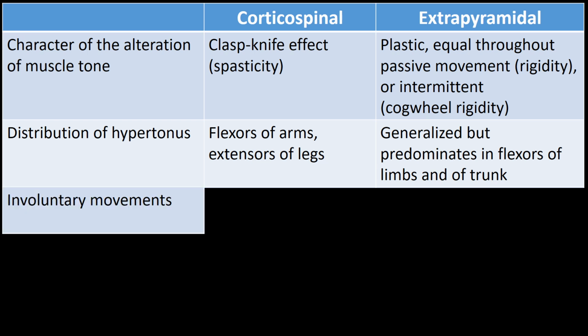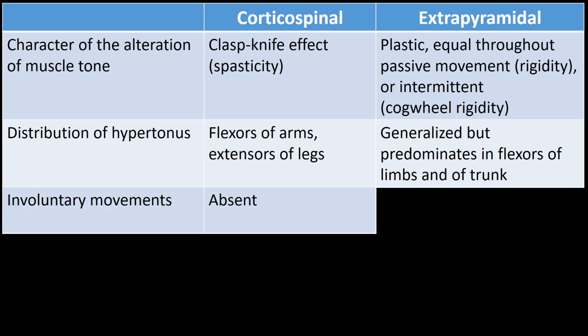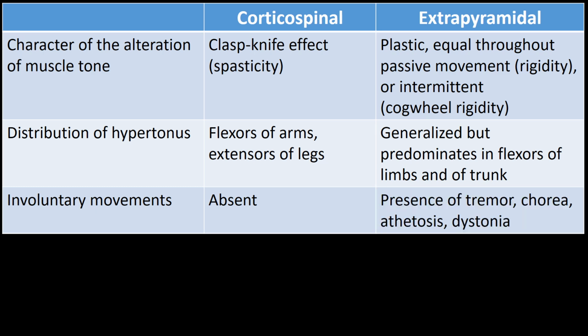Next, we will address involuntary movements. Involuntary movements are absent in patients with corticospinal pathology. In patients with extrapyramidal pathology, tremor, chorea, athetosis, and dystonia are frequently present. I will address each of these findings in the next few frames.